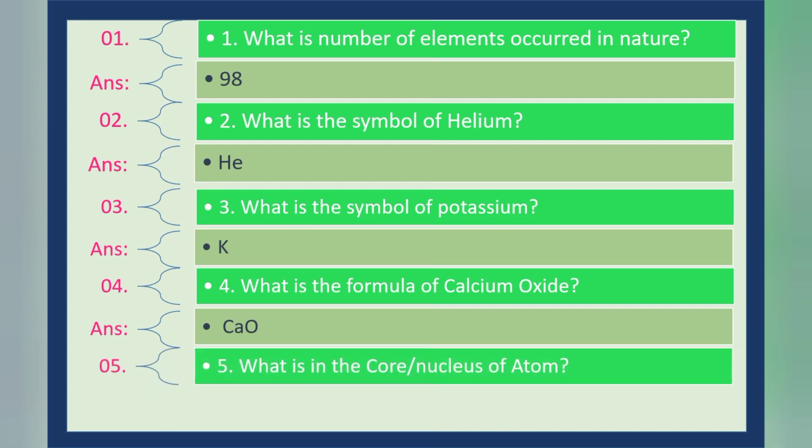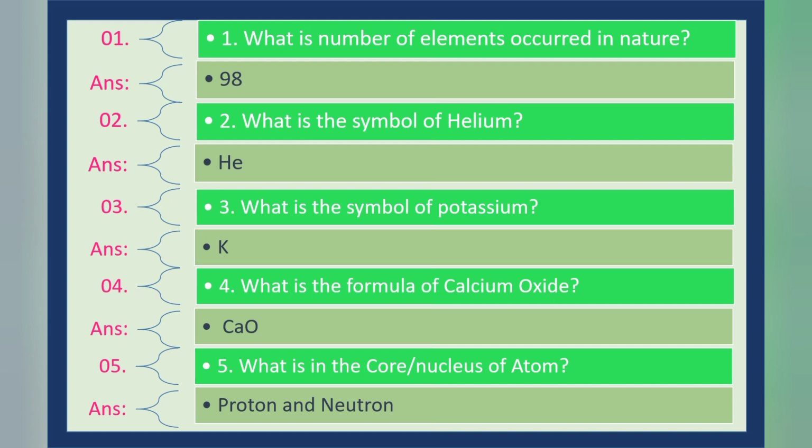Here, what is the core or nucleus of an atom? We know very well what the nucleus of an atom is. The answer is that the nucleus is that which bears proton and neutron.